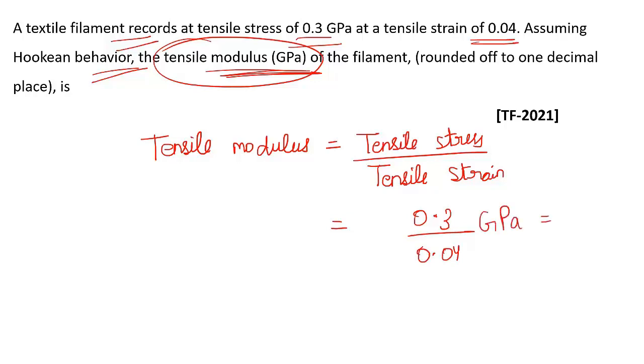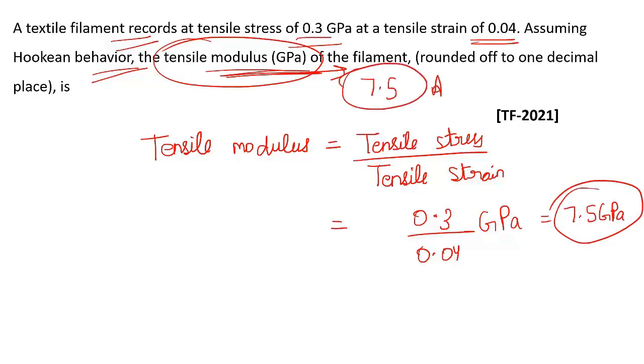If you solve this, it comes out to be 7.5 GPa. So 7.5 is the correct answer. Rounded off to 1 decimal place, it is 7.5, so it becomes your answer. I think it must be clear to you. It is also a very simple question.